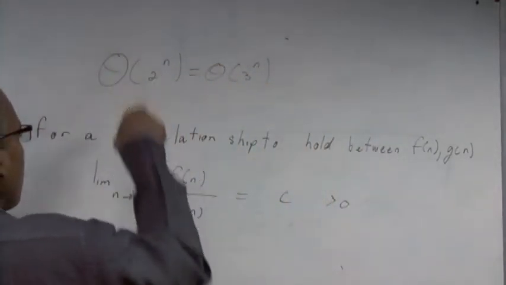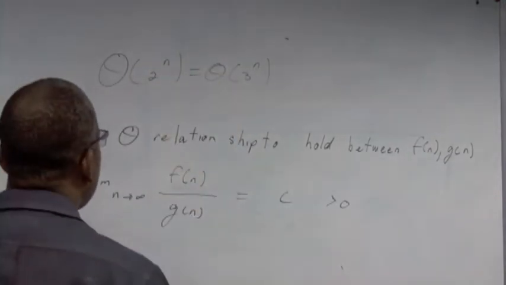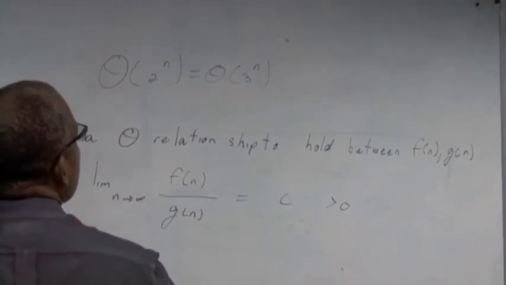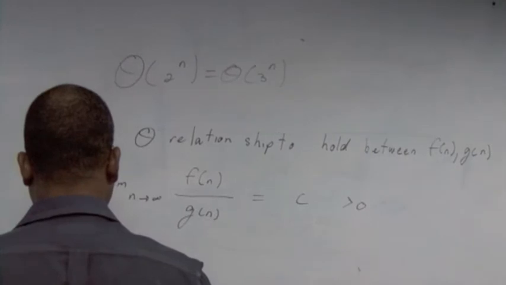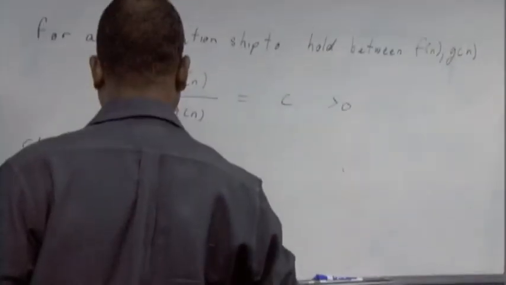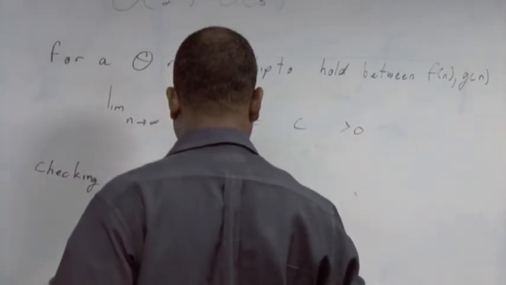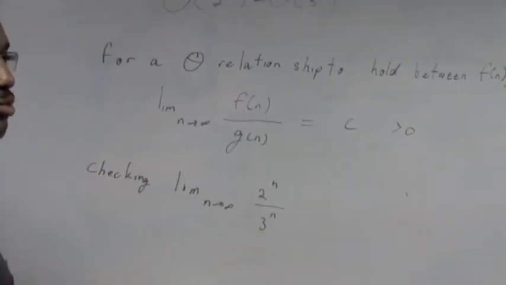Now, we're going to use that property to help us decide whether or not that is true. So we can check the limit as n approaches infinity of 2 to the n upon 3 to the n. Well, what do you think that limit would approach?